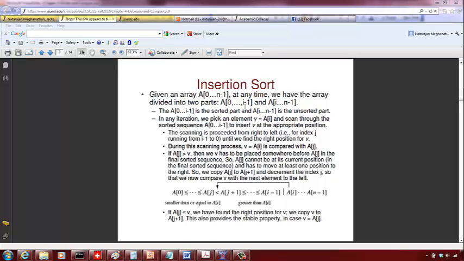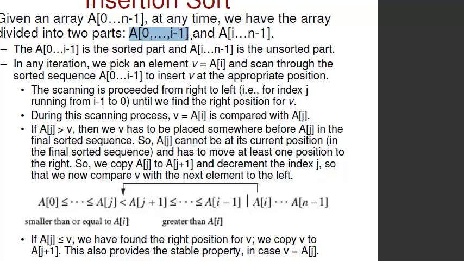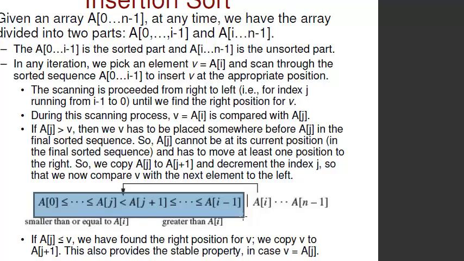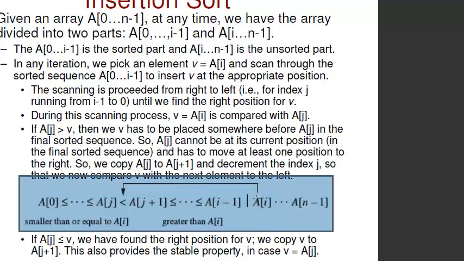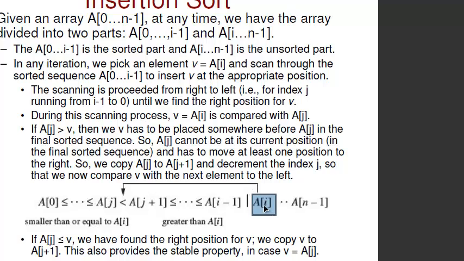At every iteration, we are going to pick up an element a of i, which is the first element in the unsorted portion, and try to insert that in the sorted portion. This is the sorted portion, from index 0 to i minus 1, and we pick this a of i and insert it in the right location in the sorted array.